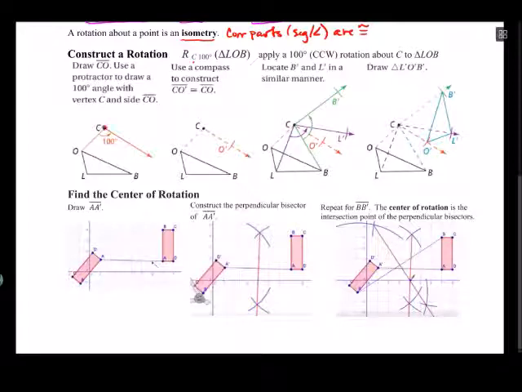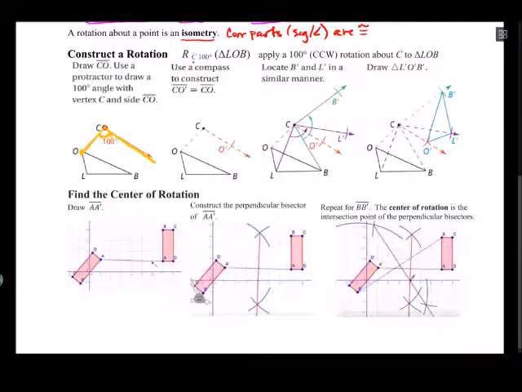So the first thing I always do is find my center point, my center of rotation. Now we draw segment CO. So I choose a point on triangle LOB and draw my segment. And then I use a protractor to draw a 100-degree angle. And then there's a 100-degree angle.